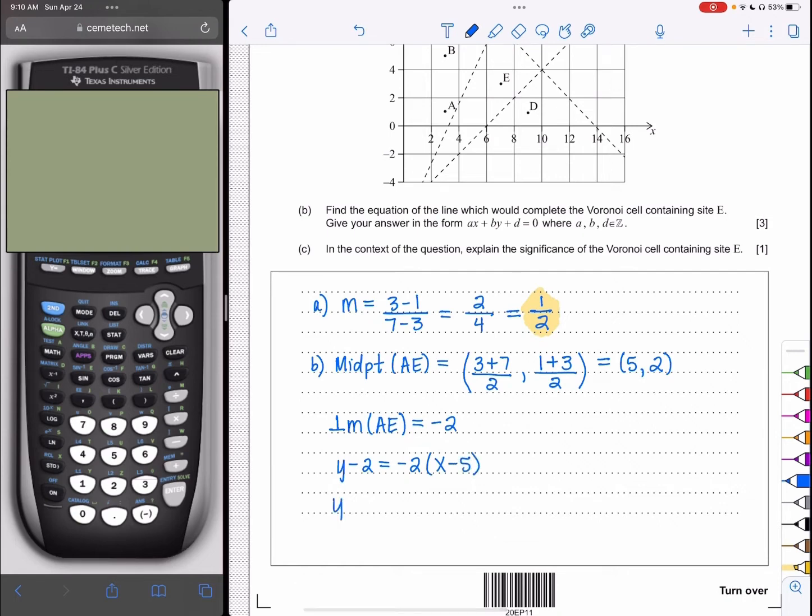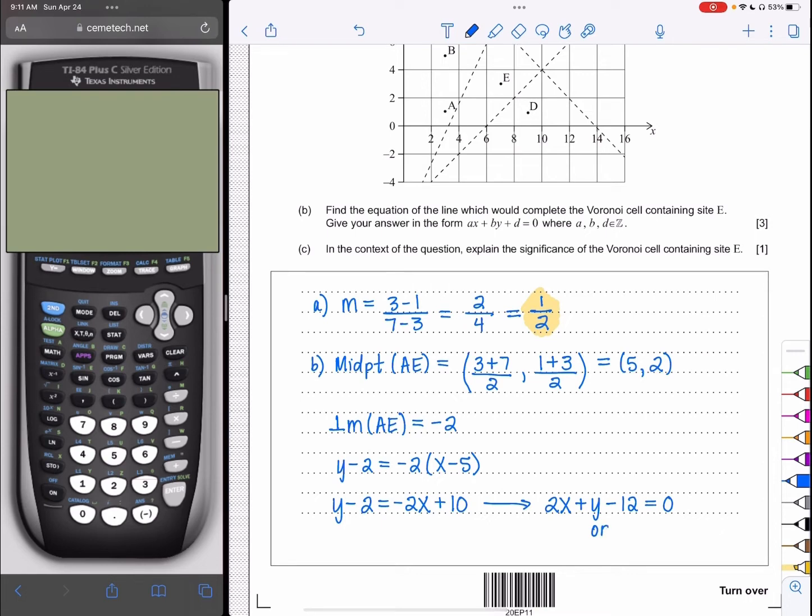I'm going to distribute, so I get y minus 2 is equal to -2x plus 10, and then I'm going to get everything on one side. It doesn't matter whether you get everything on the left or the right. I'm going to take everything over to the left, so that's going to be a positive 2x plus y, and then -2 minus 10 is -12, equal to 0.